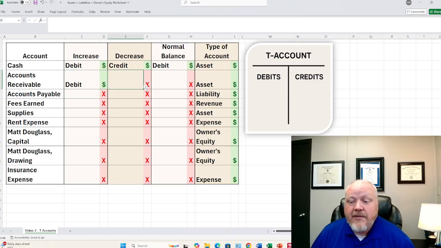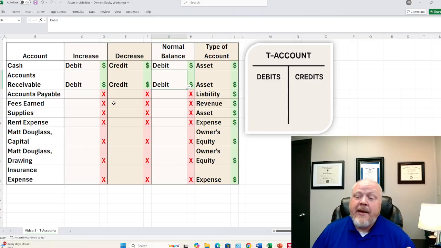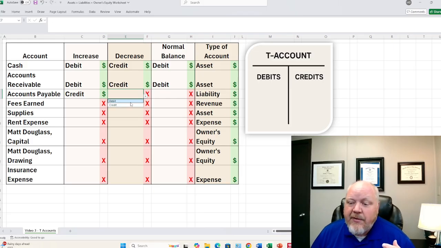It is going to look exactly like the cash account, because all assets increase with a debit, all assets decrease with a credit, all assets have a normal debit balance. And a liability account, such as accounts payable, is going to increase with a credit. It's going to decrease with a debit, and its normal balance is going to be a credit.